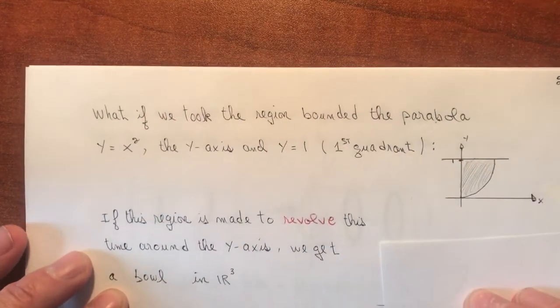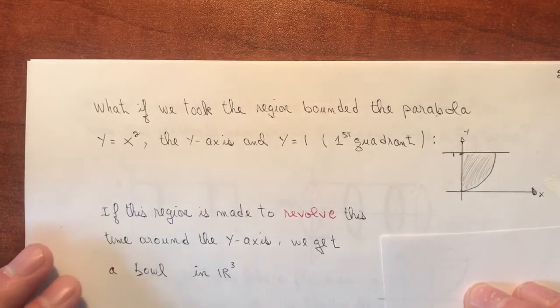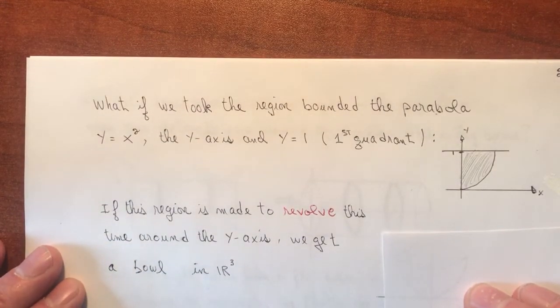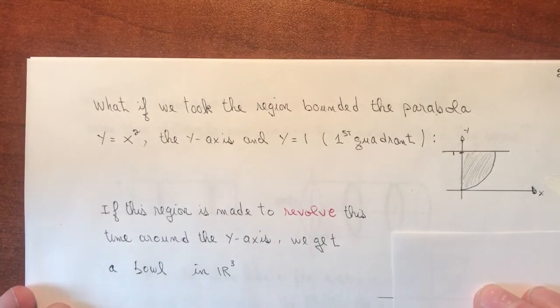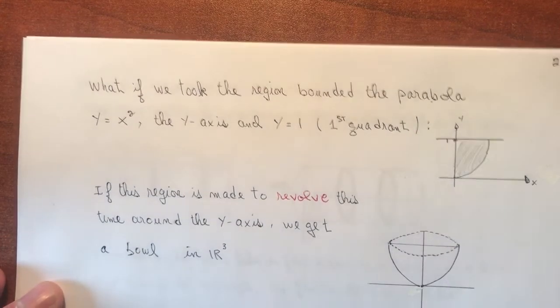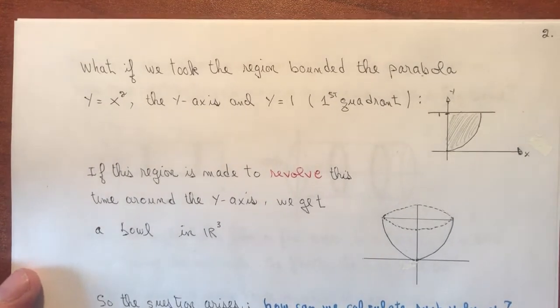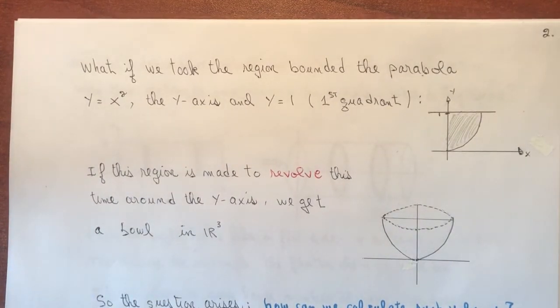What do we get when we revolve this around the y-axis? Well, we get some weird thing like this, which looks like a bowl, or if you want, half a boiled egg standing on one of its tips. So I guess a bowl is probably a better image.